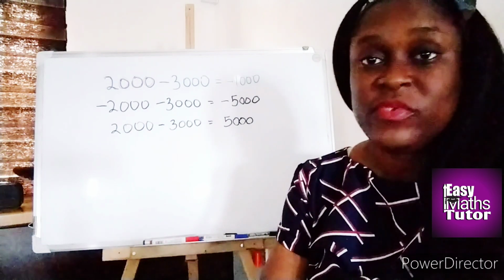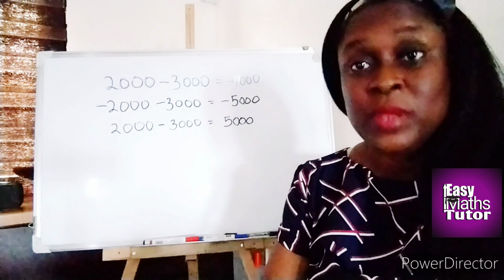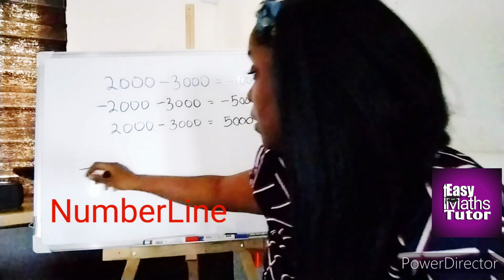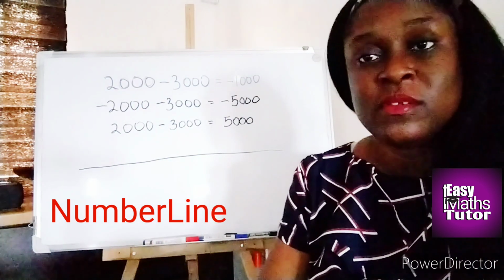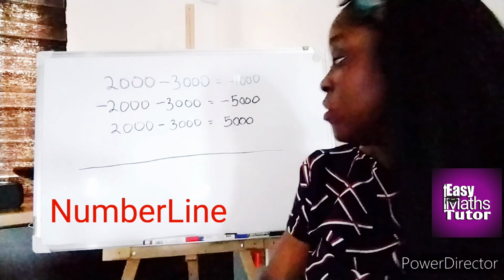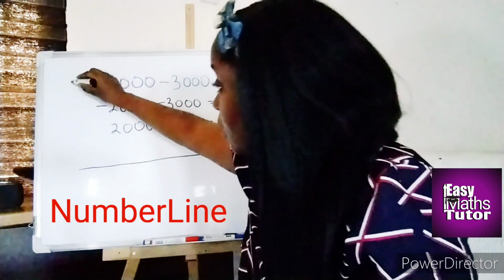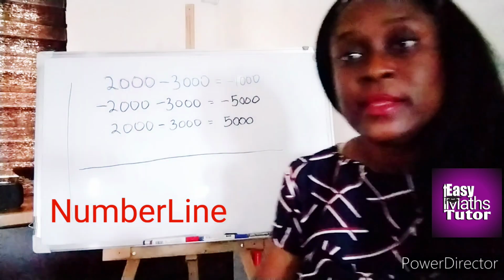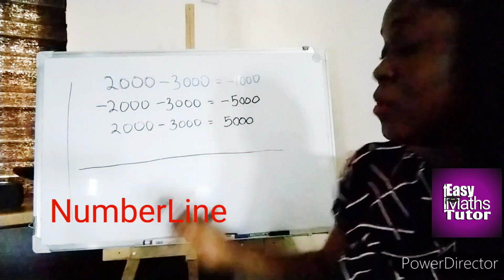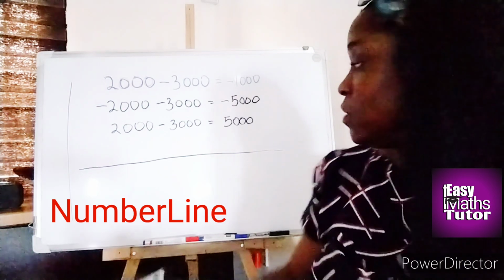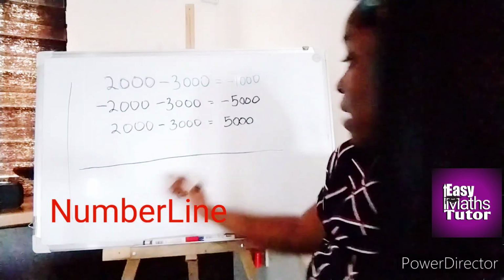So do not be confused. If you're not using the number line, remember the number line in my previous class. I told us there's a number line. It's a horizontal line. It could also be a vertical line. It's a line that represents numbers, right? And this number line has an origin.